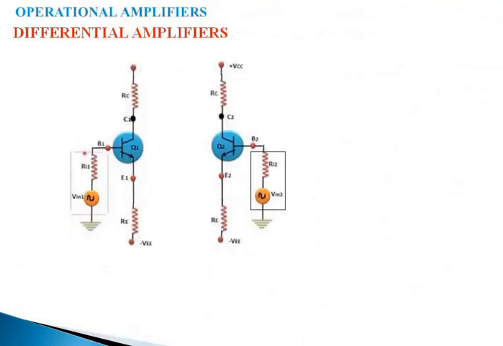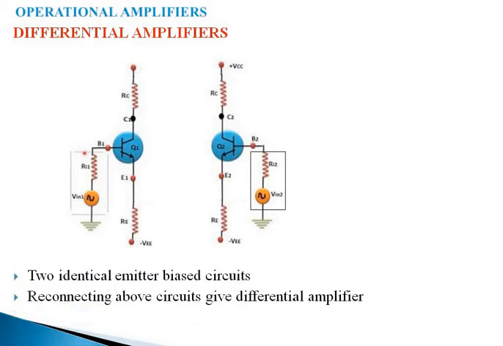Next we can see the internal circuit of differential amplifier. Here, a differential amplifier can be formed by two identical emitter biased circuits. By connecting two emitter biased circuits, we will get a differential amplifier. So here two emitter bias circuits are shown. By combining these two, we will get the differential amplifier.